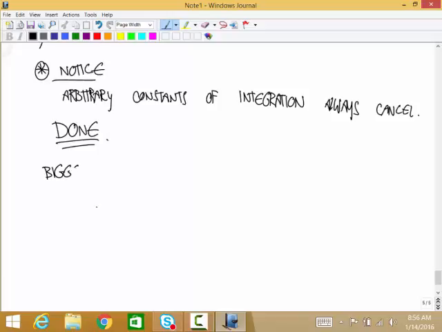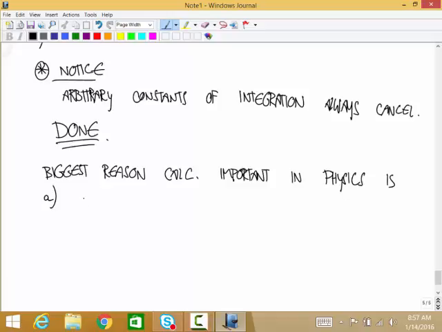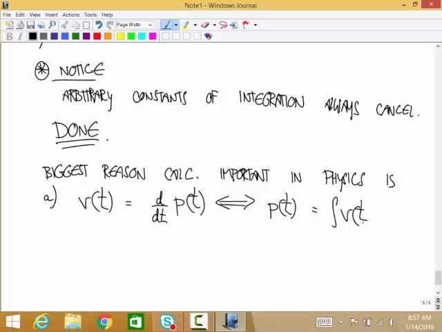The biggest reason calculus is important in physics is that the velocity of a particle is equal to the time derivative of the position of the particle, and therefore the position of the particle is the integral of the velocity with respect to time.